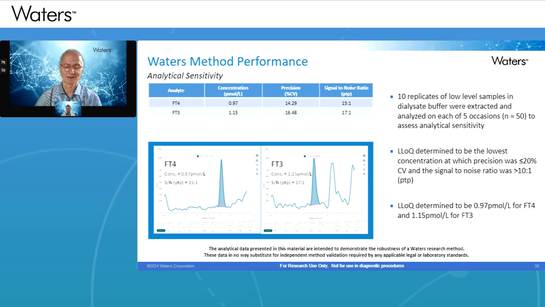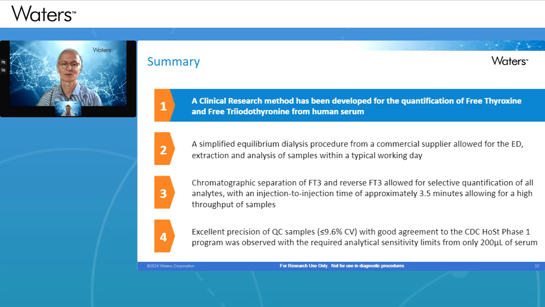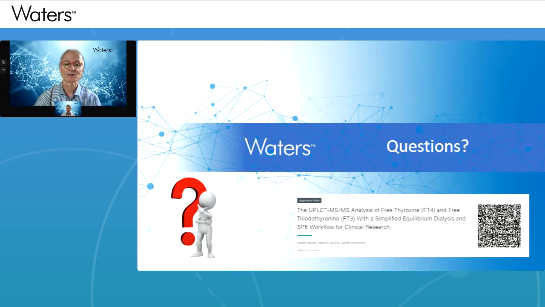Maybe a last one, and then we switch to the free testosterone. How robust is the method as the column degrades? Is there loss of resolution between reverse T3 and T3? That's a really good question.